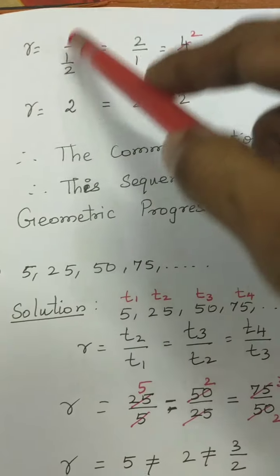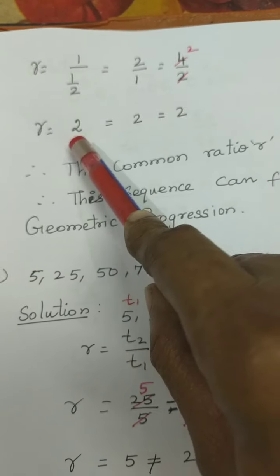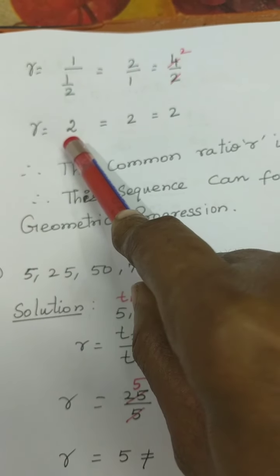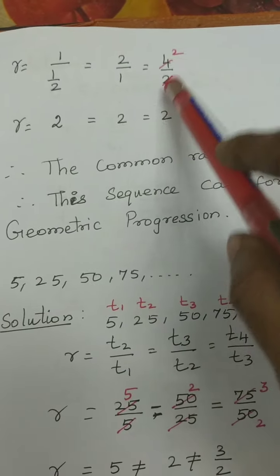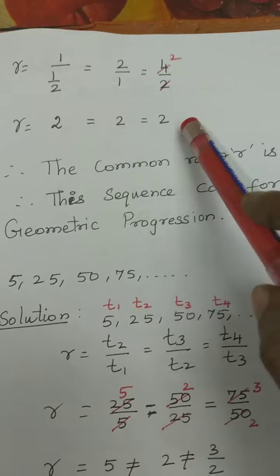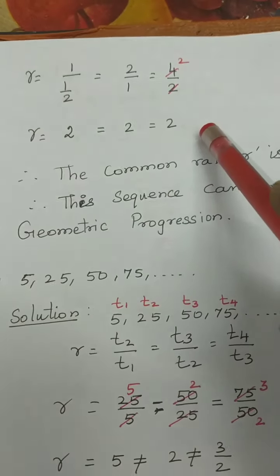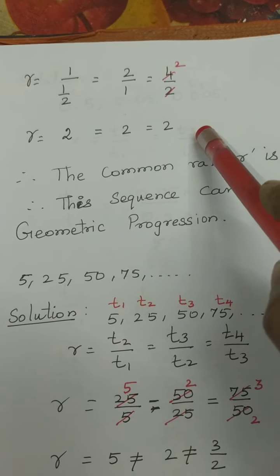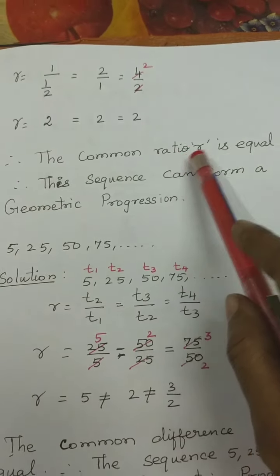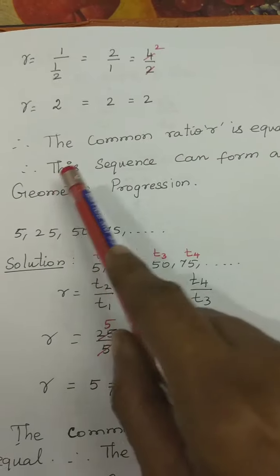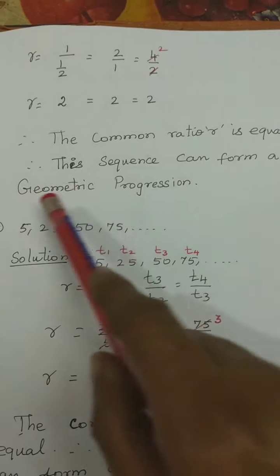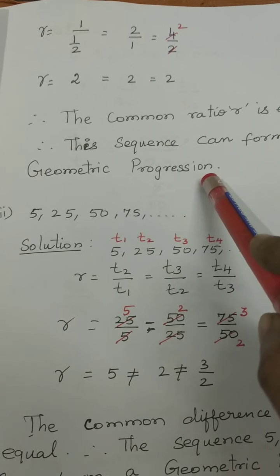Then you take the reciprocal, then it will come to the numerator. So 2 by 1 we can write as 2. Then you can cancel this, it will come 2. Here the common ratios are the same, 2, 2, 2. Okay, the common ratios are equal. This sequence can form a geometric progression.